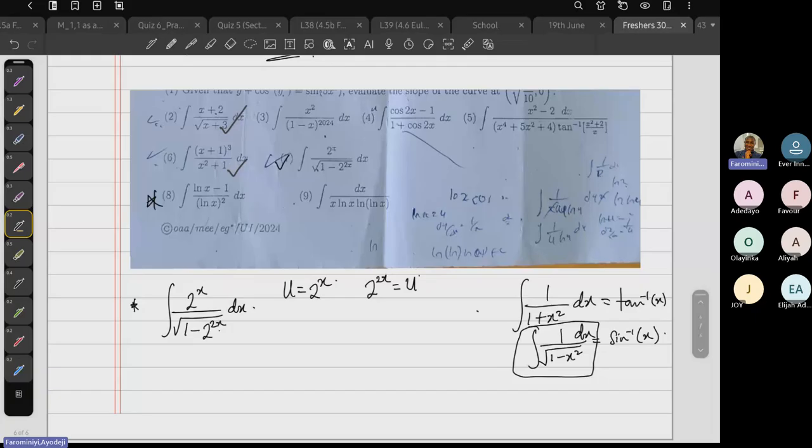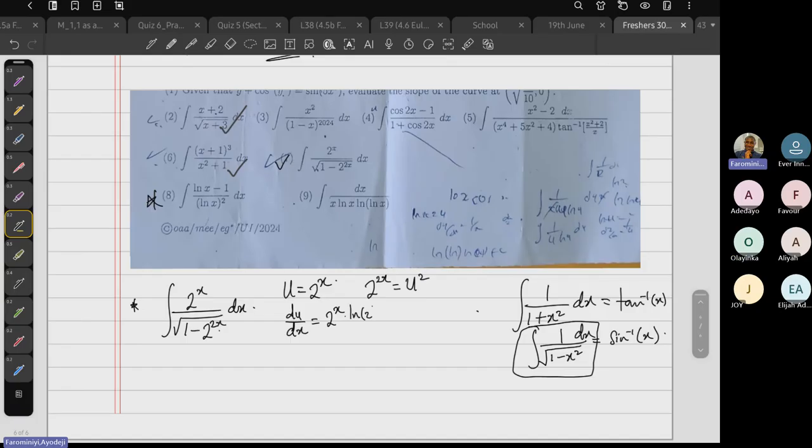Do you agree? And what is the du dx? If U equals 2 to the power of x, what is du dx? 2 to the power of x times natural log of 2.